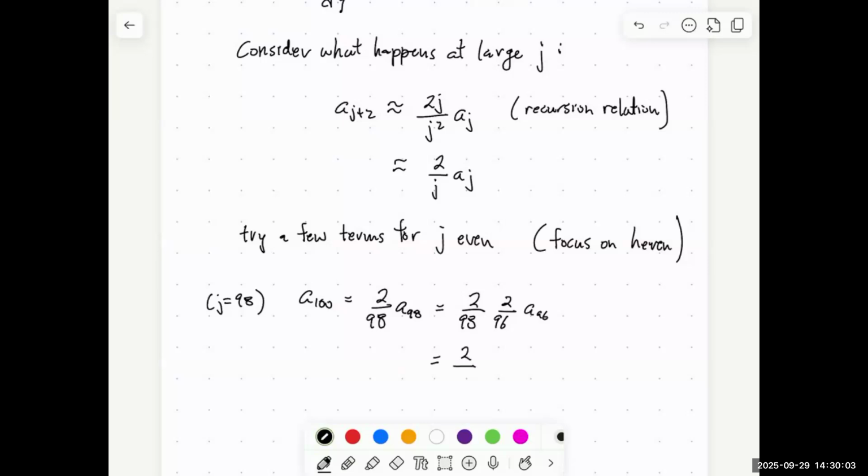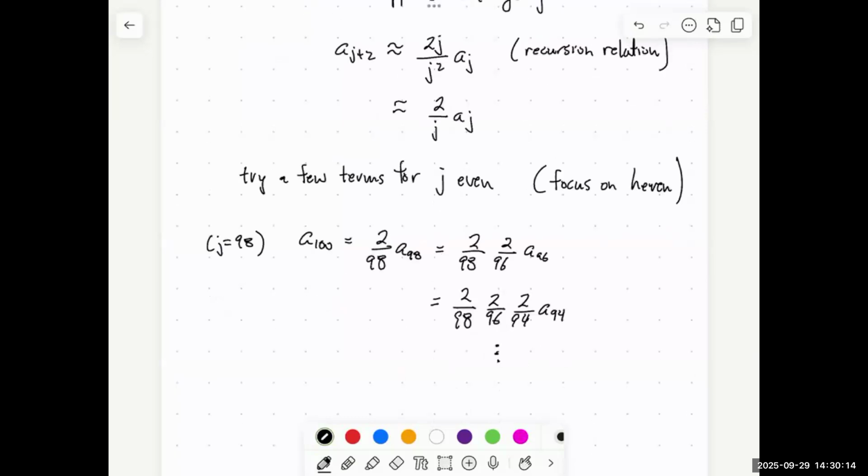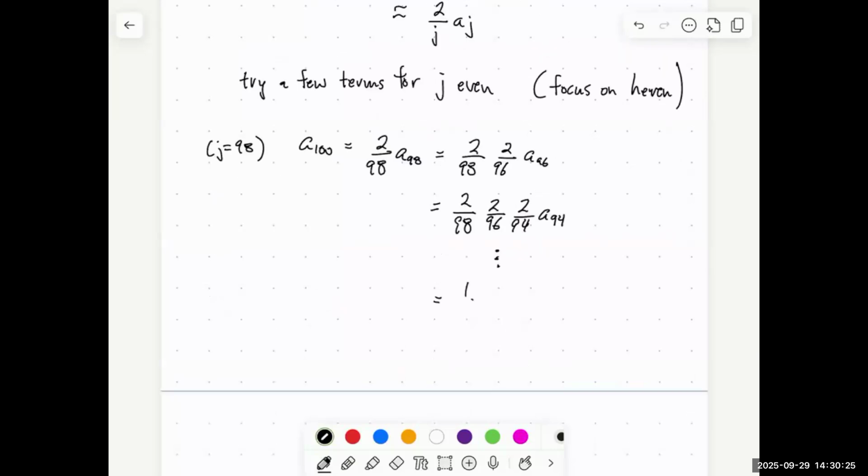And you can see that this is just going to keep continuing. So this will be probably the last one I write, a_94, and this process just keeps going. But 2 over 98 is just 1 over 49. So it's 1 over 49 times 1 over 48 times 1 over 47, a_94. But I could just keep going, 1 over 46, 1 over 45, all the way down until I hit a_0.